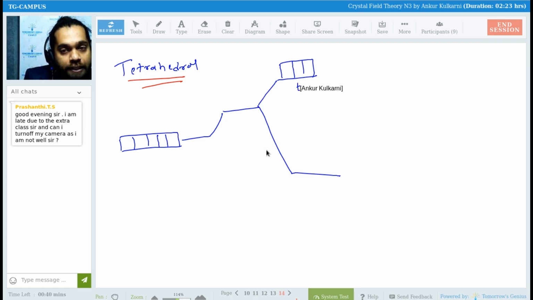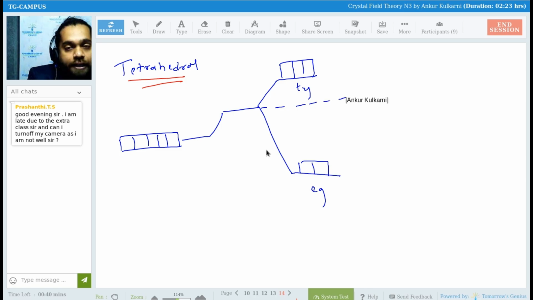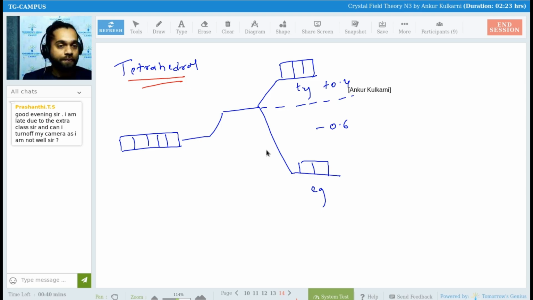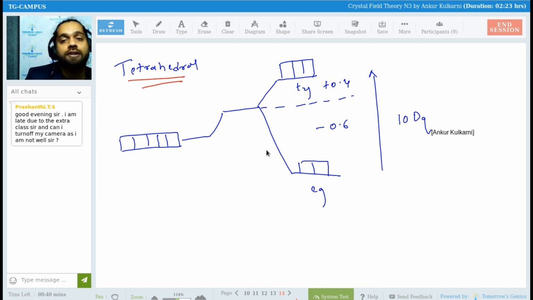Are you getting it, everyone? Eg comes down by minus 0.6 and T2g goes up by plus 0.4 for tetrahedral. Everything was opposite in octahedral.